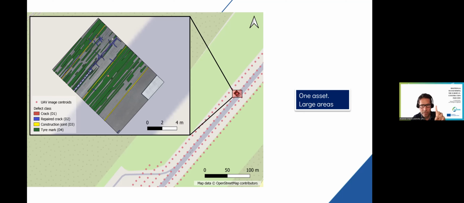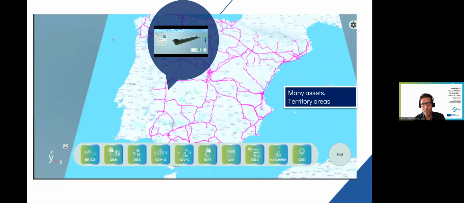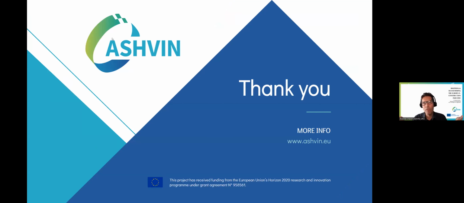This is one asset, or many assets covering larger areas that correspond to a territory. So this would be the fourth step. With that, this is the overview presentation of what has been the maintenance phase within the ASHVIN project. Thank you very much for your attention. We will come back later.